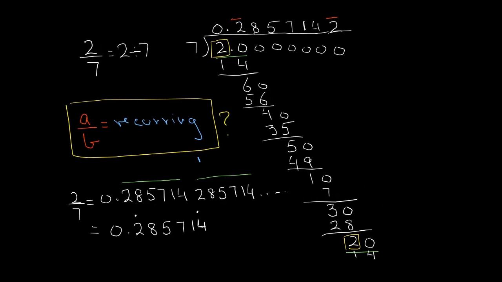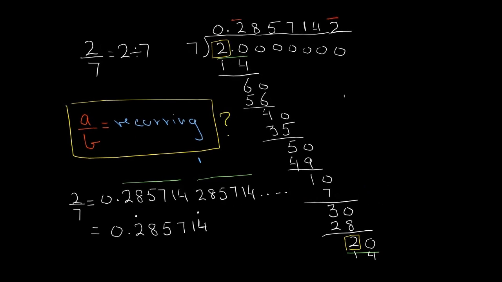The first question was, why is it that certain fractions cannot be converted into powers of 10? Their denominators cannot be converted into powers of 10. And the second question is, why are you guaranteed that whenever you have a fraction, you'll always get a recurring expansion?